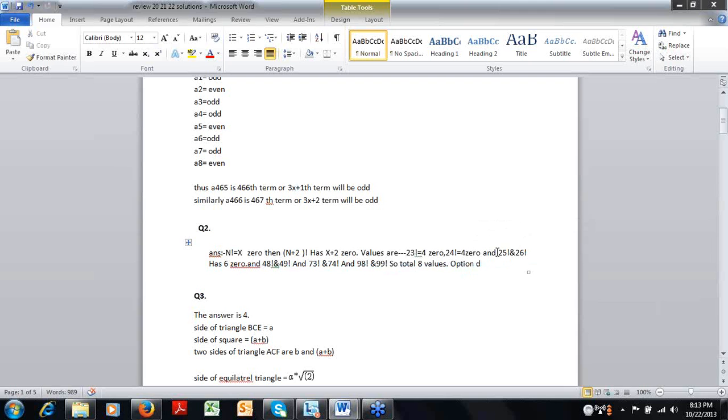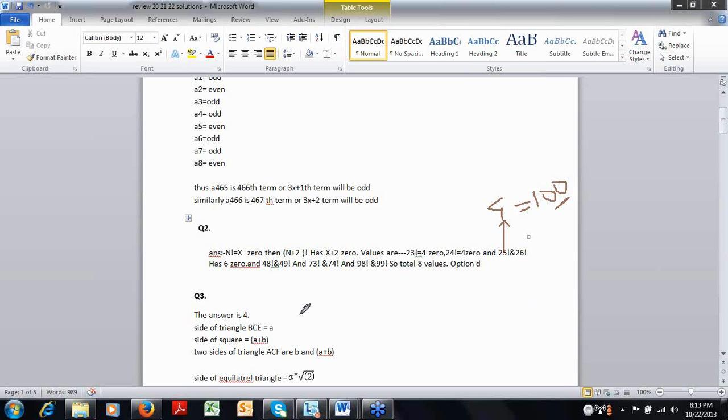Why? Because 25 will actually multiply with the previous terms and in turn give us 100. So these 2 zeros have been added.